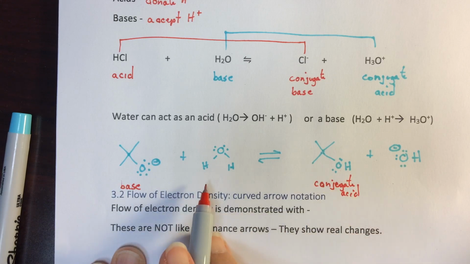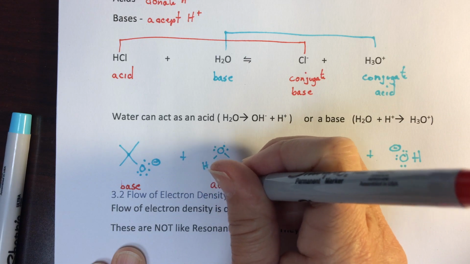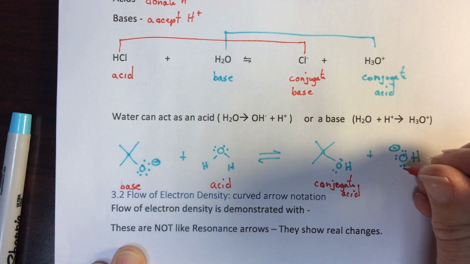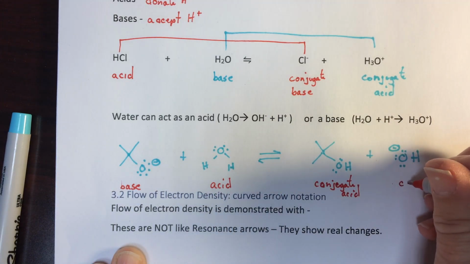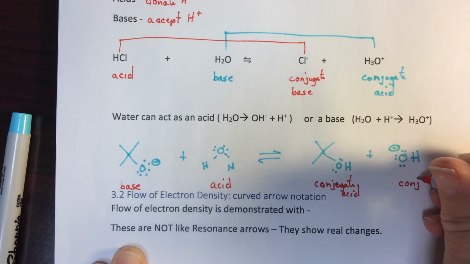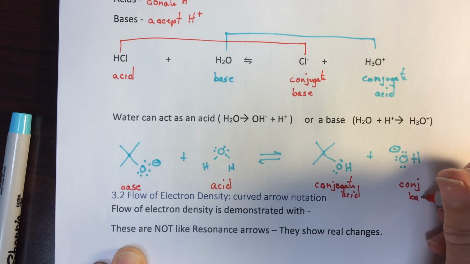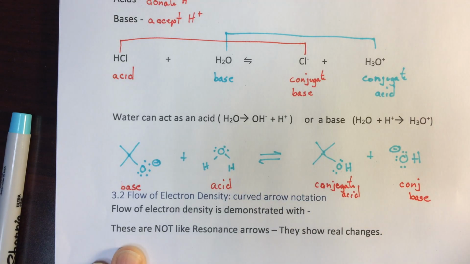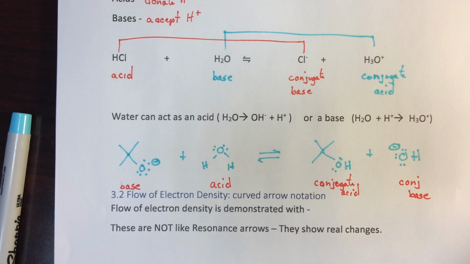And then we have water, and it's donating the proton, so it's the acid this time. And over here is the conjugate base. All right, so that's kind of the terminology.